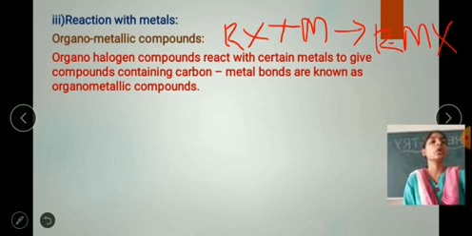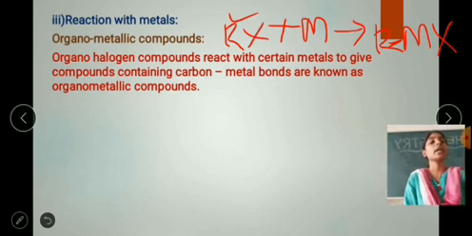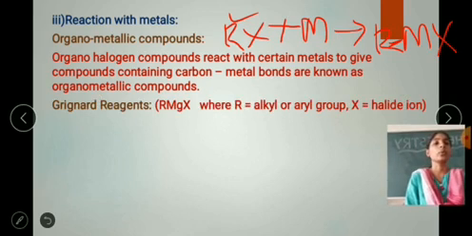This RM, a carbon and metal bond, is known as an organometallic compound. Grignard reagent: Victor Grignard, a scientist, prepared this RMgX using the metal magnesium. He prepared one reagent, and the name of the reagent is Grignard reagent.